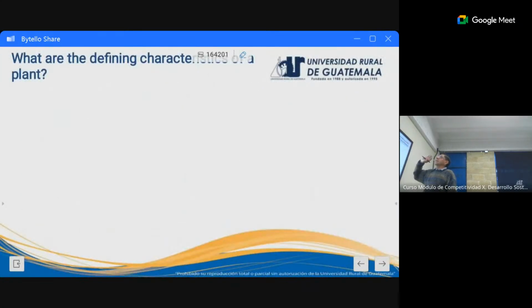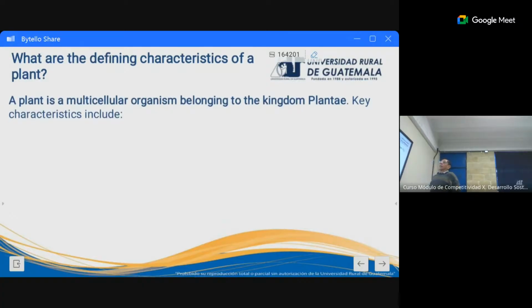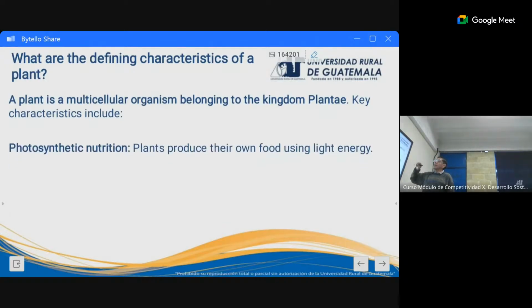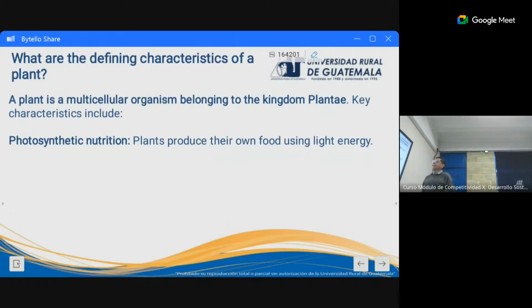What are the defining characteristics of a plant? A plant is a multicellular organism belonging to the kingdom Plantae. Key characteristics include photosynthetic nutrition, because plants are able to produce their own food using light energy.